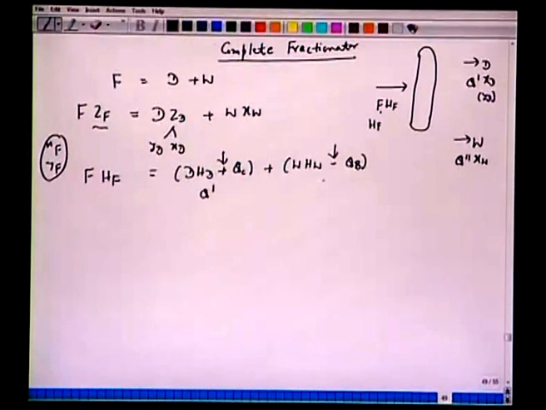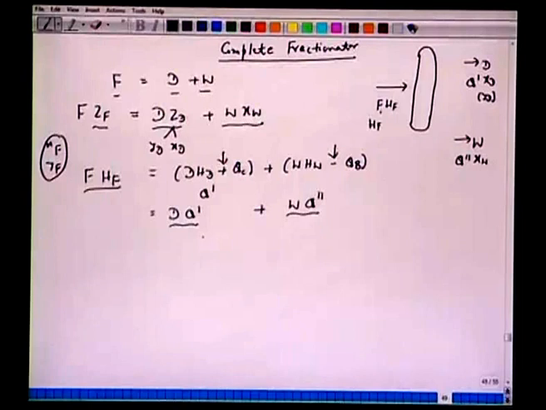We can write this as D Q dash plus W Q double dash. So F HF equals D Q dash plus W Q double dash, F ZF equals D ZD plus W XW, and F equals D plus W. So now we can construct our enthalpy diagram, the HXY diagram, for this entire distillation column.